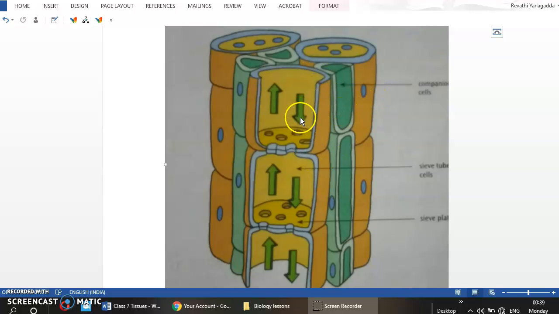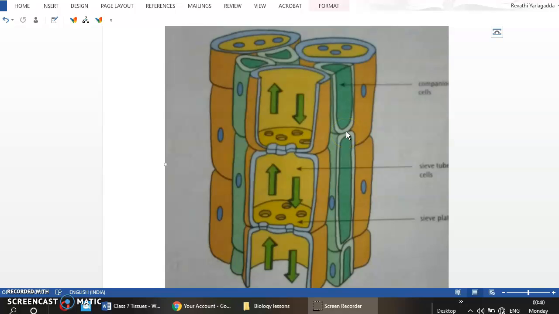So most of the cells here we can say are living, and they have thin walls made up of cellulose. Phloem cells are narrow, and they contain cytoplasm, because some cells are living cells, like companion cells and parenchyma.